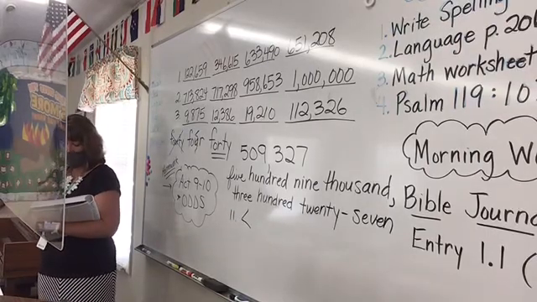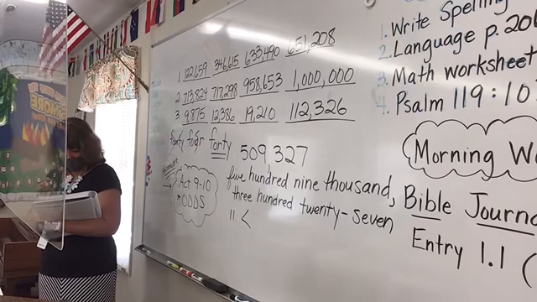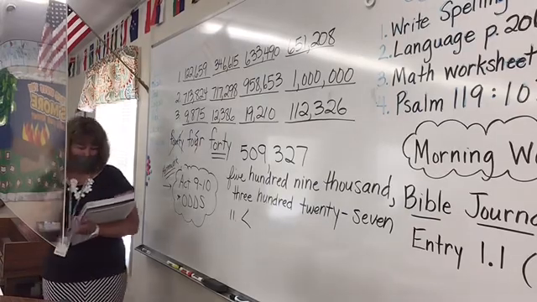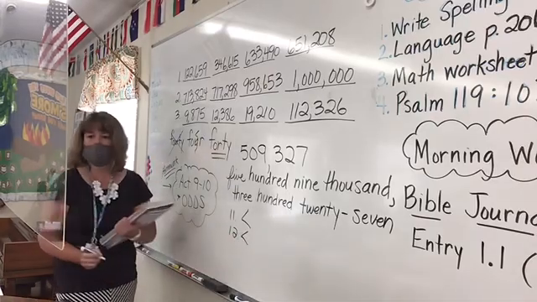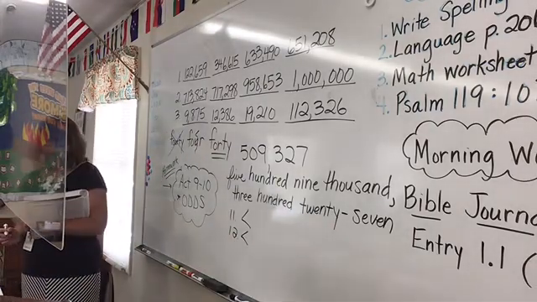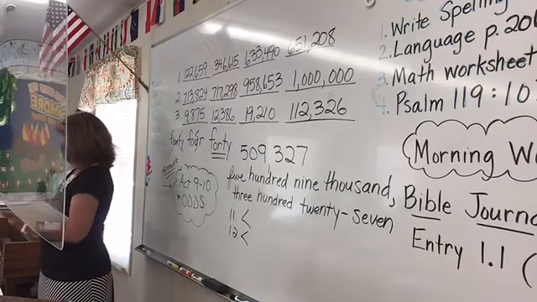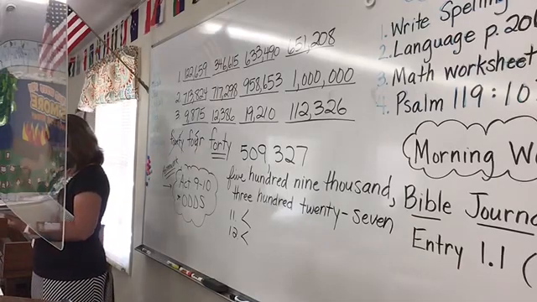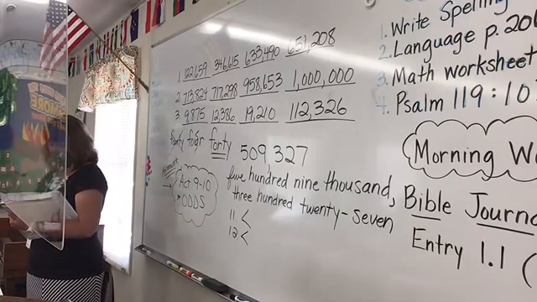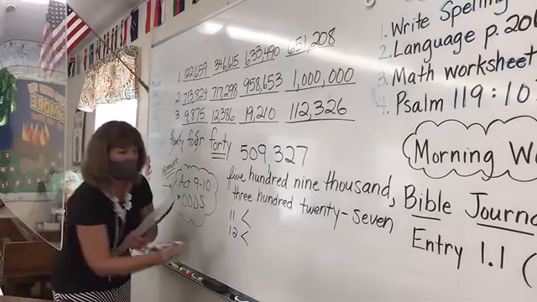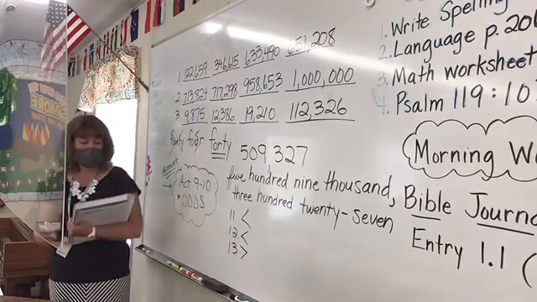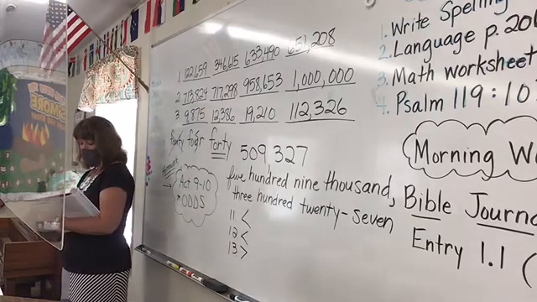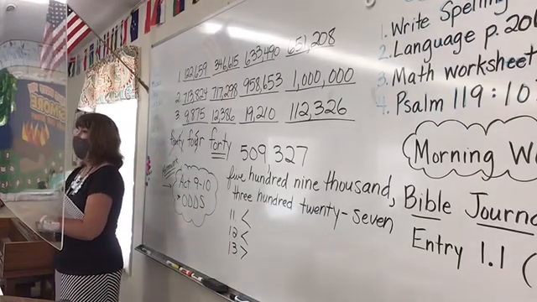Dana? 614 is less than 6,000. Good. So number 12 is also a less than sign. And then Marissa, number 13. 70,000 is greater than 58,714. Good. So we have equal, less than, greater than.